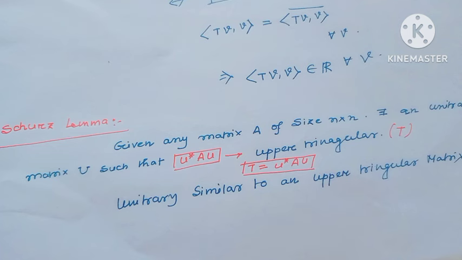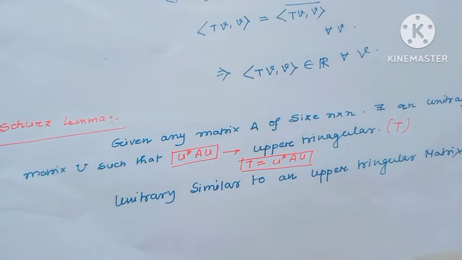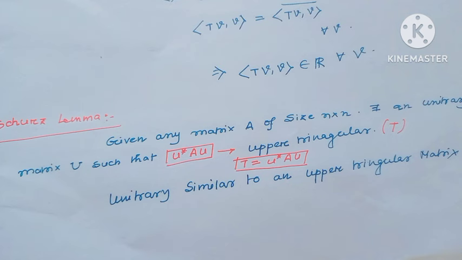If we consider T equal to the upper triangular matrix, then T equals U star A U. That means A is unitary similar to an upper triangular matrix.